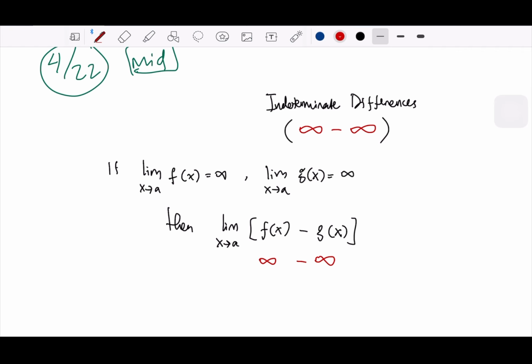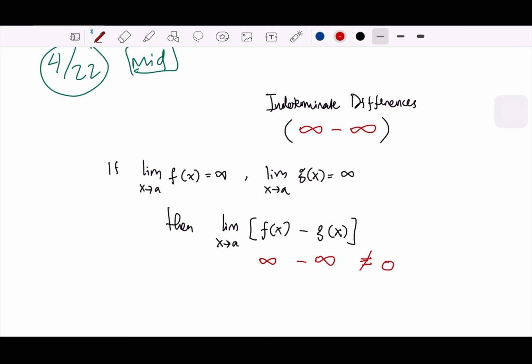How do we write this result? Is this equal to 0? Can we make this 0? That's the question. No, this is not equal to 0.